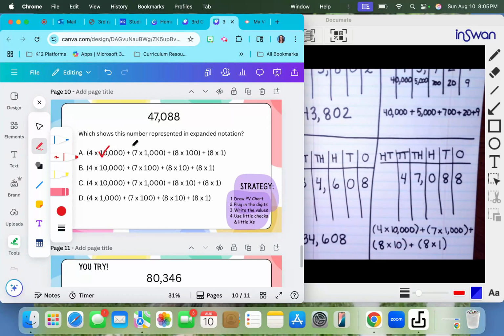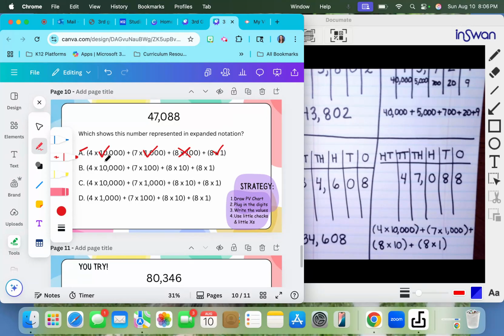Check. 7 in the thousands. We do. Another check. 8 in the hundreds. Did we have any hundreds? No. Womp womp. That ruined that one. It did have 8 in the ones, but can't use it. Bye-bye A.